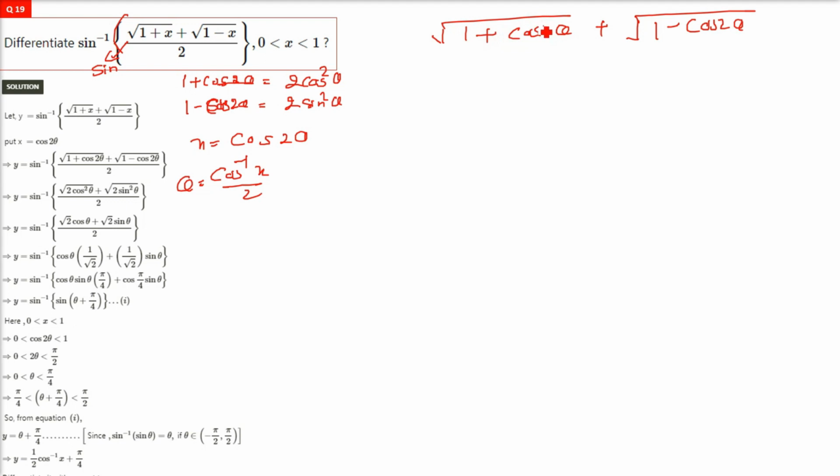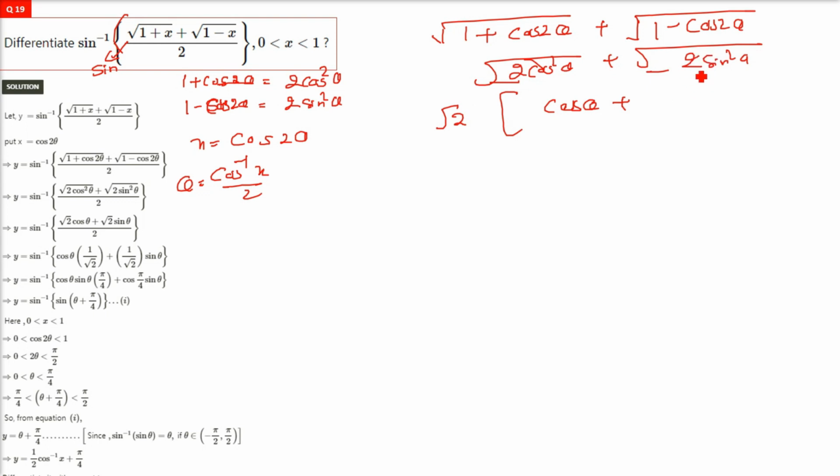1 plus cos 2 theta, I just told you, is 2 cos square theta. 1 minus cos 2 theta is 2 sin square theta. Under root 2 you can take common. Under root cos square theta is cos theta, and under root sin square theta is sin theta. Just write sin theta. There is a 2 in the denominator also.